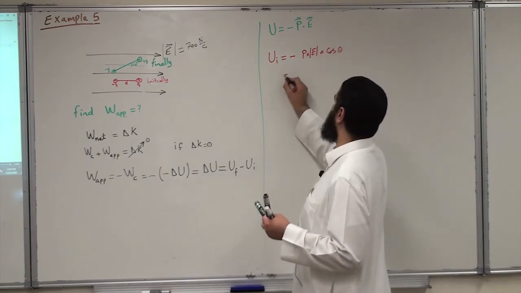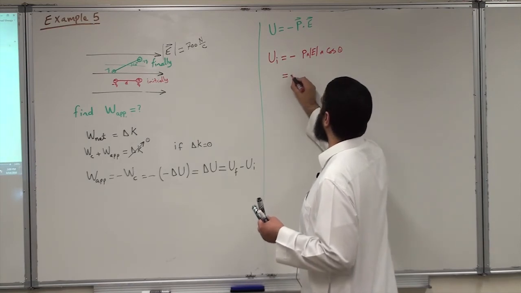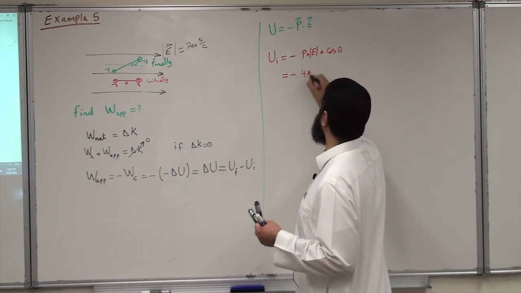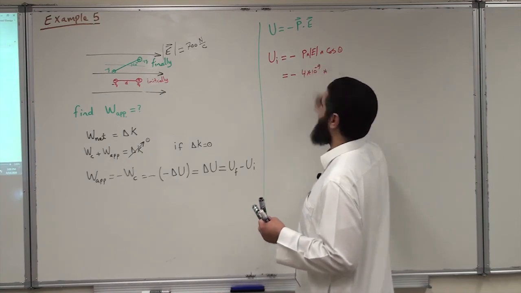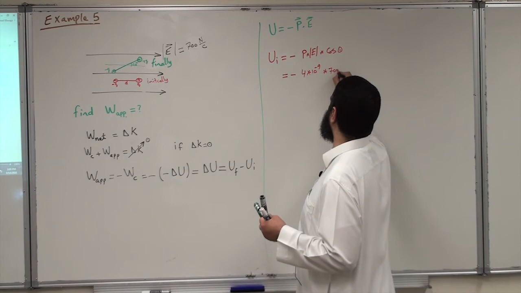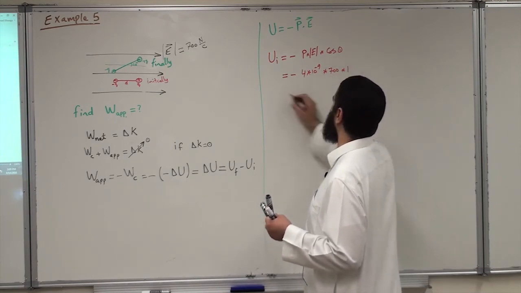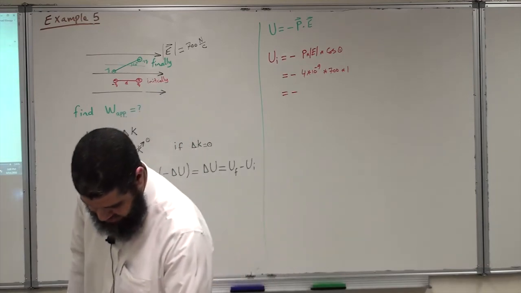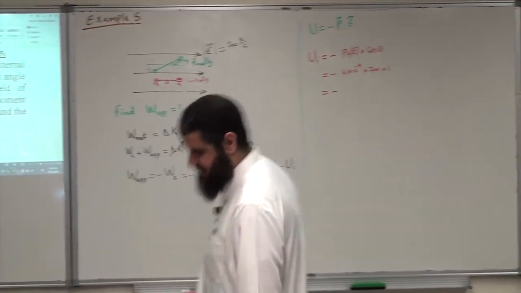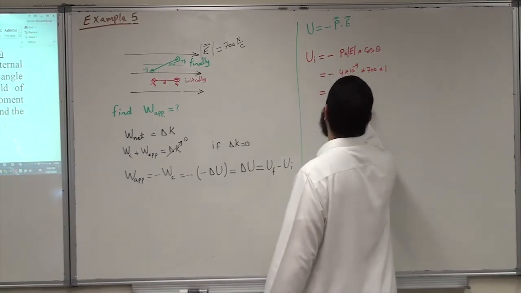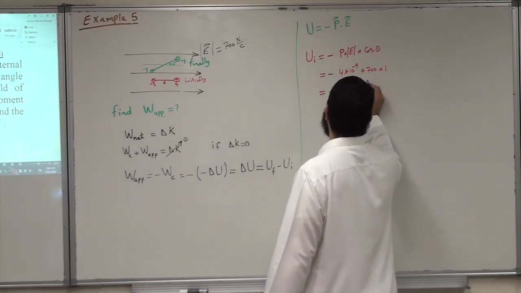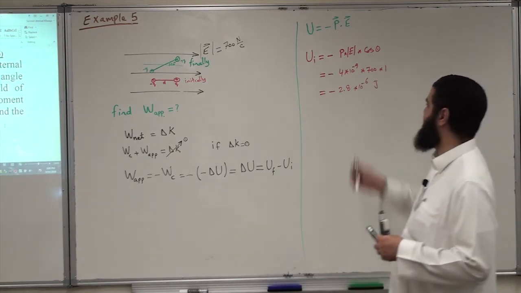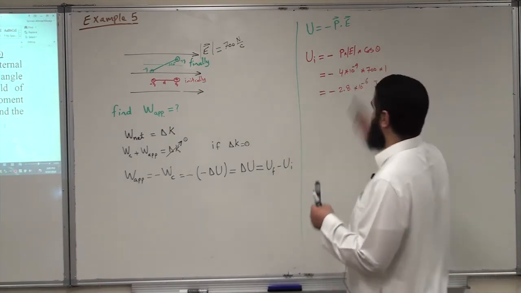So we end up with minus P, which is 4 times 10 to the minus 9, multiplied by the electric field, which is 700, multiplied by cosine 0, which is 1. U initial is minus 2.8 times 10 to the minus 6, and the unit is joule. This is the initial potential energy when the angle was 0.